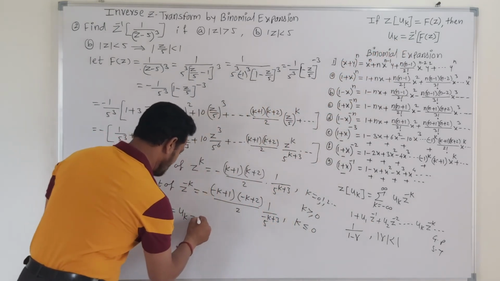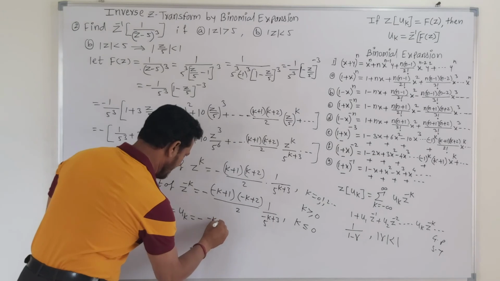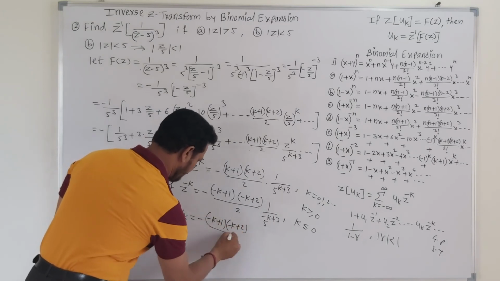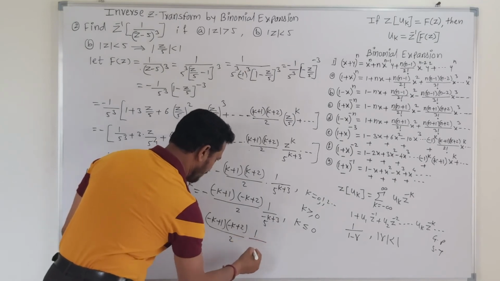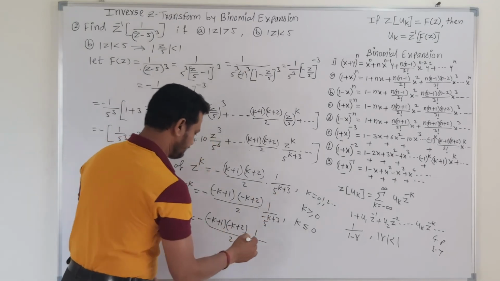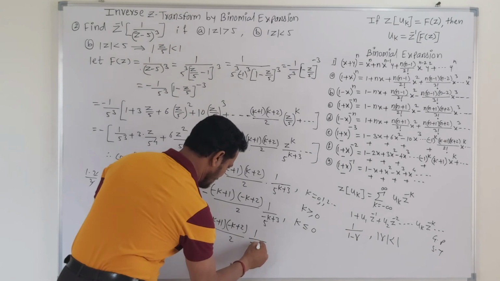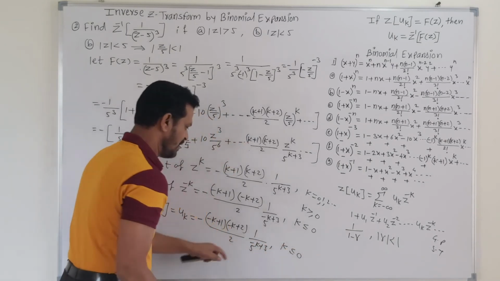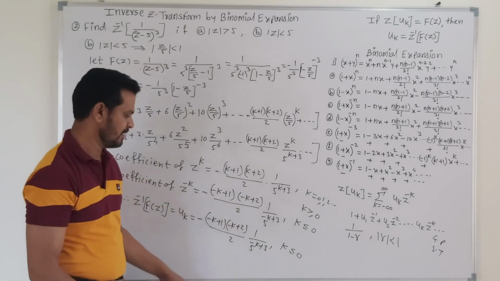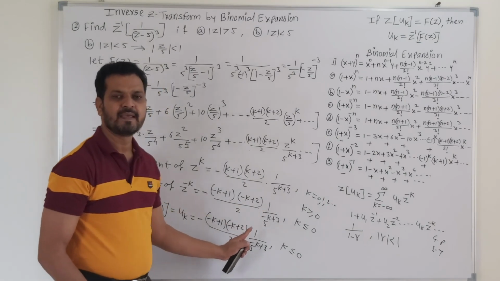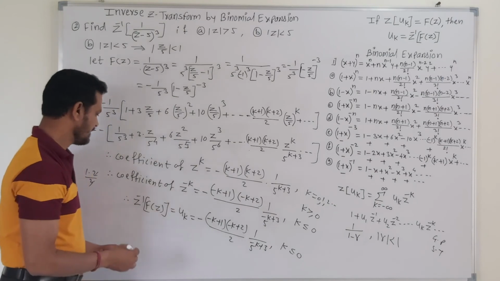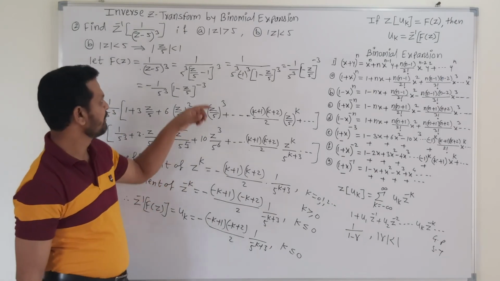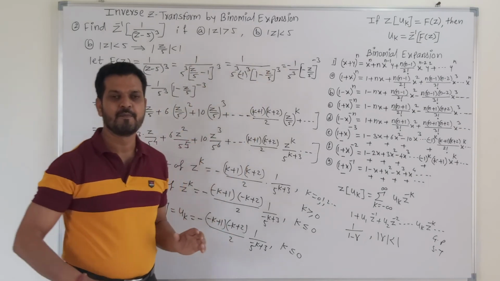So that's why this value is minus times minus k plus 1, minus k plus 2 upon 2 into 1 upon, or we may write this as 5 raised to minus k plus 3, where k is less than or equal to 0. Or we may take this 5 to the numerator, so that we get this as 5 raised to k minus 3. So now friends, this is the second example where we discuss this example with two regions of convergence.